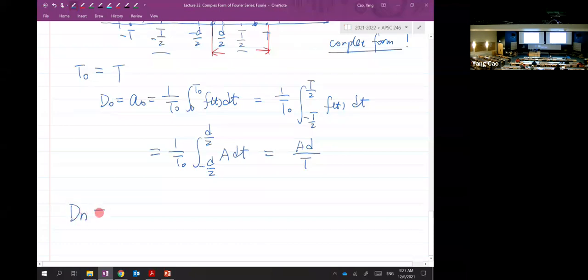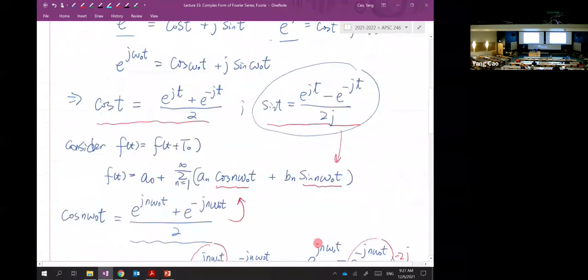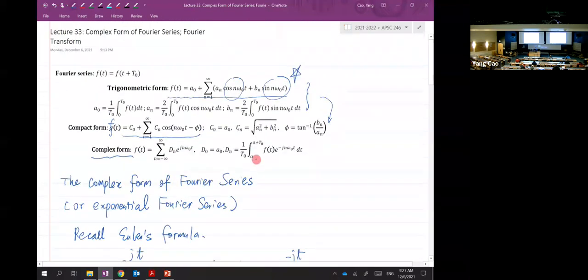Now let's calculate Dn. The formula for Dn is 1 over T naught, integral from 0 to T naught. If you look at the general formula I showed you over here, it didn't specifically say it has to be 0 to T naught.